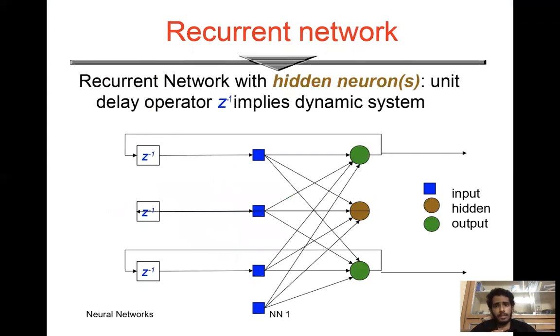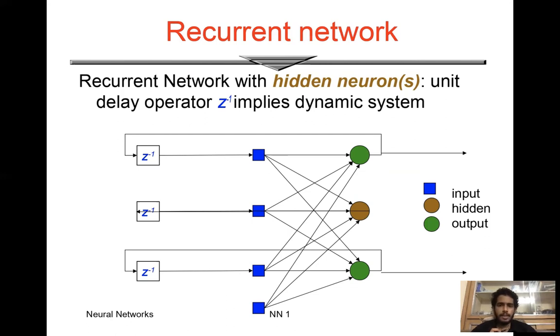Now, a recurrent neural network is a more complex network. A recurrent neural network with hidden neurons, like a unit delay operator Z minus one, implies a dynamic system. It contains four inputs, two outputs, and also hidden layers. The output from the first input is represented as Z1 and is repeatedly provided as an input for the same model.